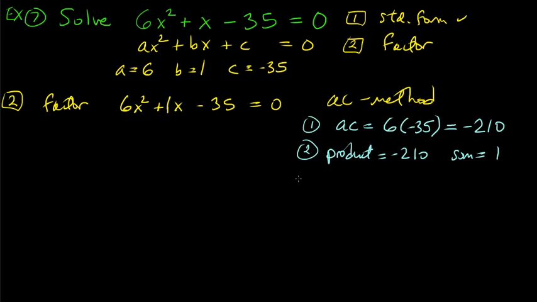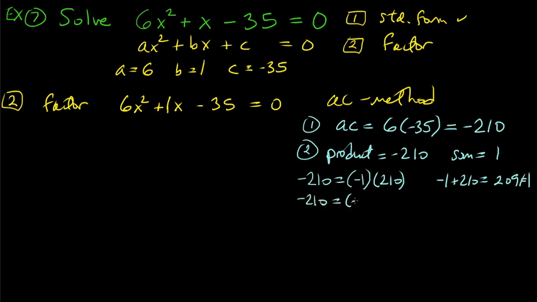Okay, so let's start with, well, if it's not obvious, it's going to be negative 1 times 210. But when you add those, you get 209, which is clearly not equal to 1. So that doesn't work.